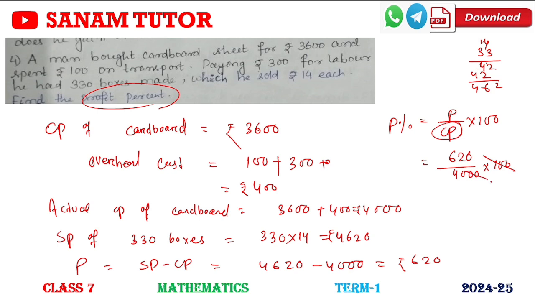So double zero cancel, again 0 cancel, 2 3 ja 6, 2 1 ja 31 by 2, that is 15 whole 1 by 2 percentage, or we can write 15.5 percentage. Okay, so answer.